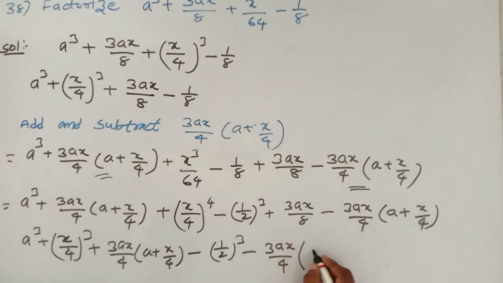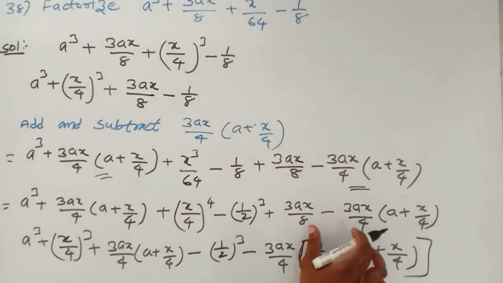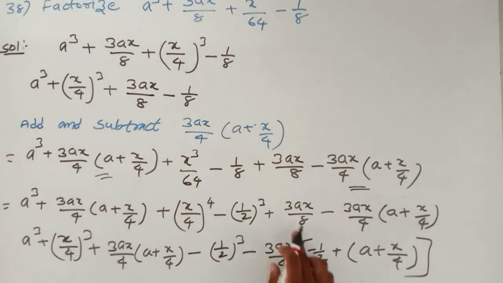That's equal to minus 1 by 2, or I am going to do the LCM here, minus 1 by 2 plus of a plus x by 4. So here the LCM is 3ax.